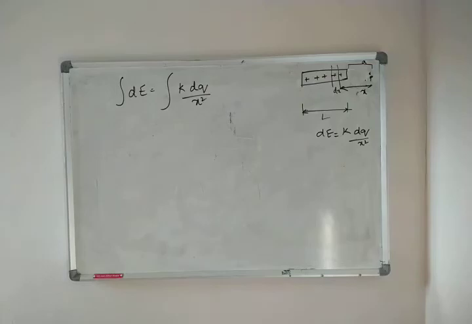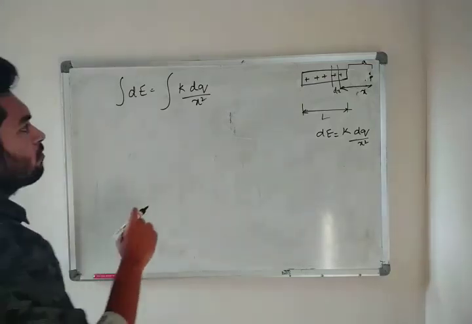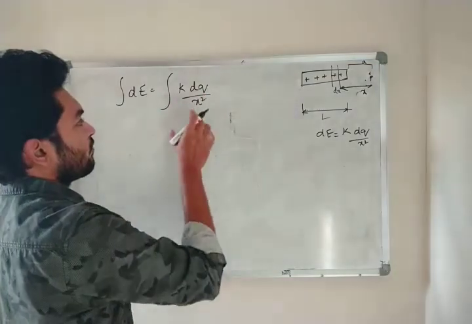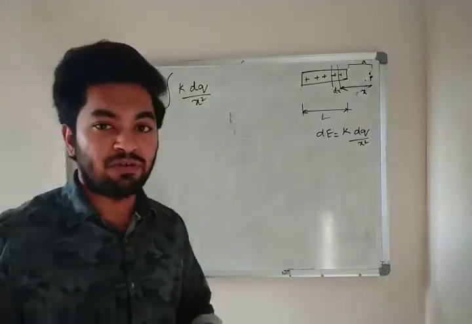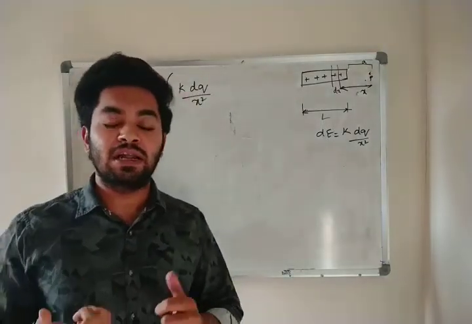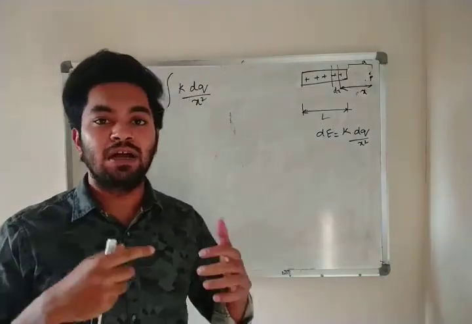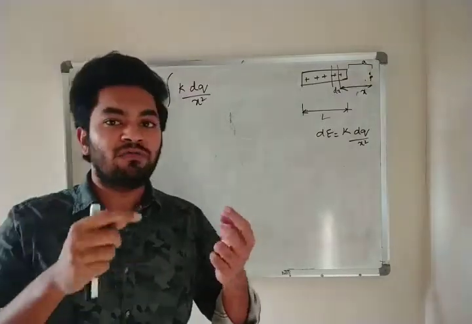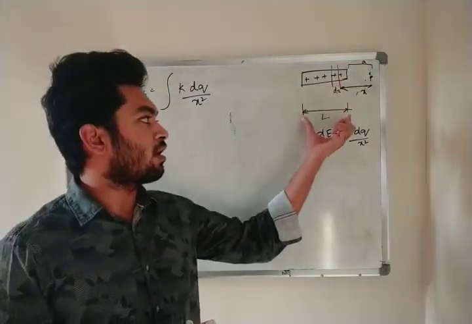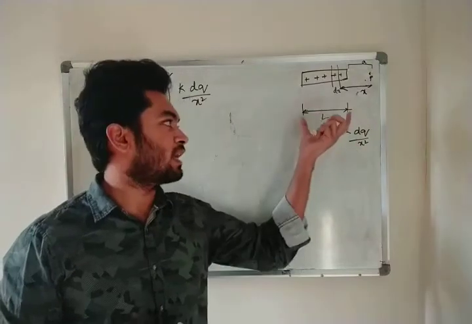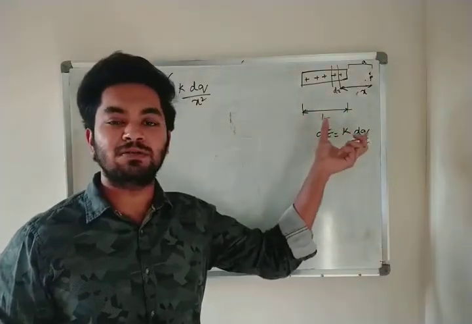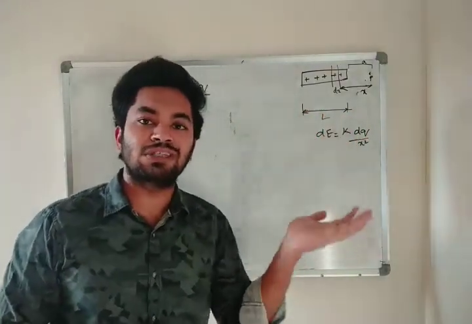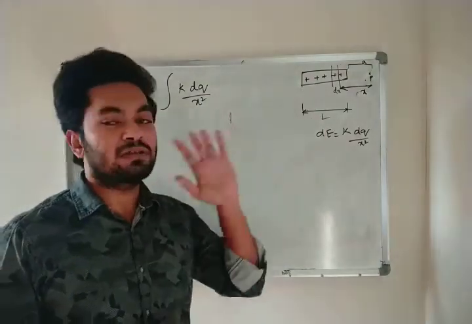Now what we are going to do here is, we have again two types of integration. One is definite integration and the other one is indefinite integration. Now what is definite? Definite means for suppose this rod length is L, so this is definite, this has some value. Suppose 5 centimeters means we are going to consider from 0 centimeters to 5 centimeters. That is called definite.